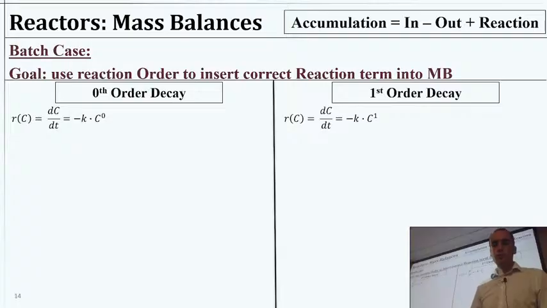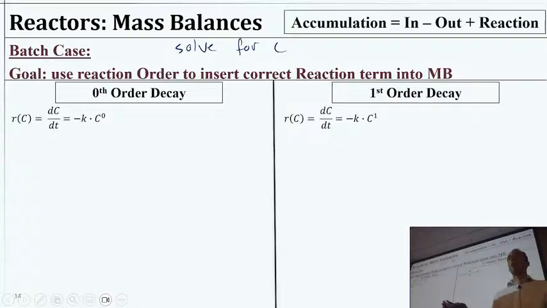All right, so let's do a couple derivations. I'm going to give you a moment to work this out on your own, or with each other. Feel free. So for a batch reactor, let's derive the math and solve for C. What you'll notice, if I just tell you to solve it, you're like, wait, what do I solve for? C might be a default, but you could be solving for time, right?